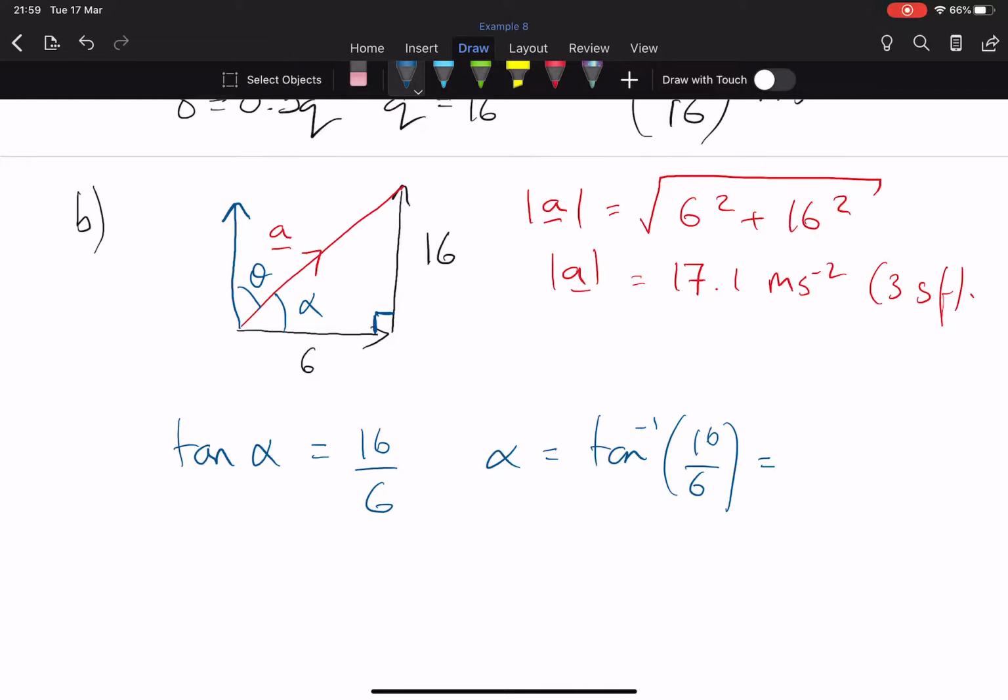If we work that out, we get 69.44. So our bearing, theta, is going to be 90 minus 69.44. So we'll do 90 minus that, and we get our answer as 20.6 degrees to 3 significant figures.